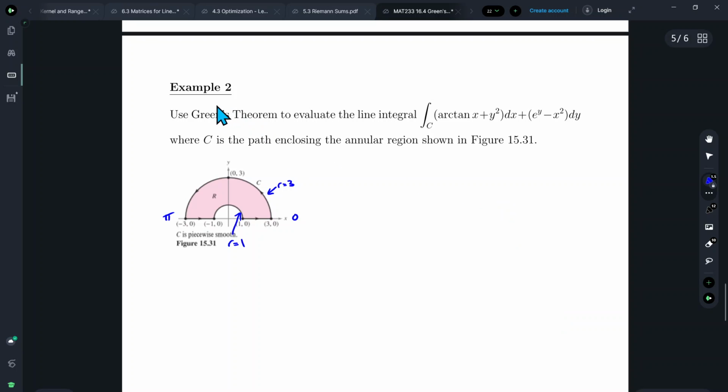Okay, in example 2, we take a look at another example where we apply Green's theorem to calculate a double integral instead of a line integral.